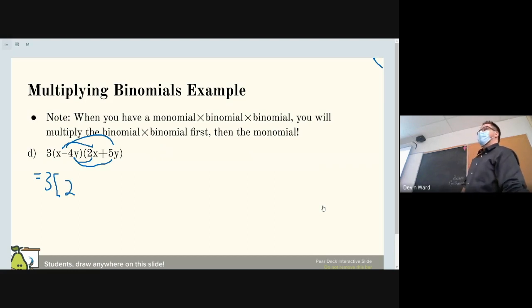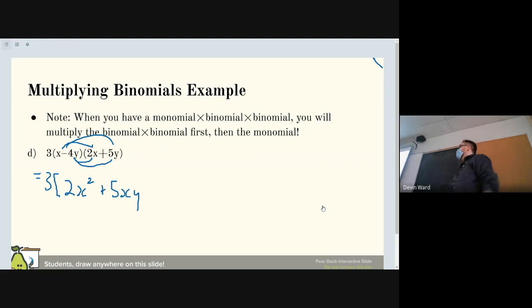So because there's no coefficient with our first x here, we just have 2. Then x times x is x squared. Okay, with our outer ones, we have x times plus 5y, so that would just be plus 5xy.